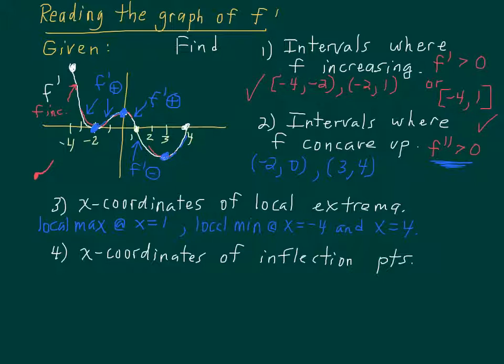Likewise over here at +4, if we were to look at this portion of the graph just to the left of +4, we said that the first derivative is negative since it's below, so that tells us that f is decreasing. So if we were to focus in on just a little portion of our graph of f, if it is decreasing as it comes to +4, it must mean that it's another local min. Okay? So paying attention to the fact that f is either increasing or decreasing as you get close to those endpoints, that tells you if it's a local min or max.